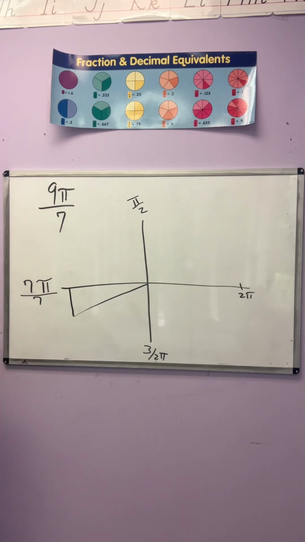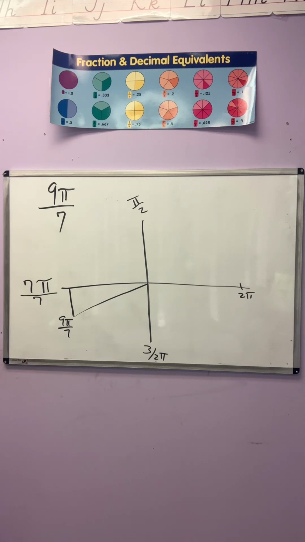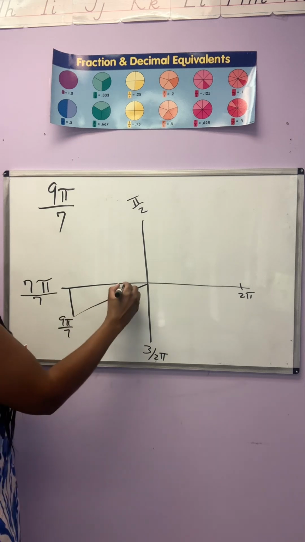So now if we want to know how large this 9 pi over 7 is, we're trying to find out how large it is. We have gone 2 pi over 7 spaces.